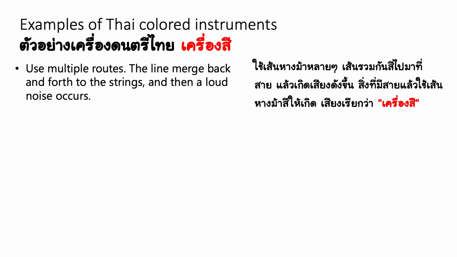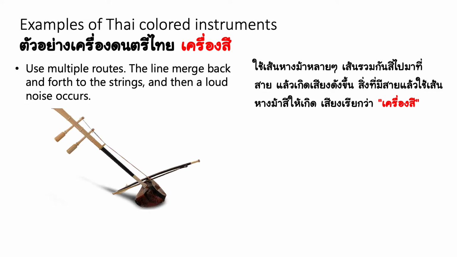Now, another example of Thai musical instruments is Thai bowed instruments. In playing Thai bowed instruments, you use a bow. The bow moves back and forth across the strings and then a sound is produced.